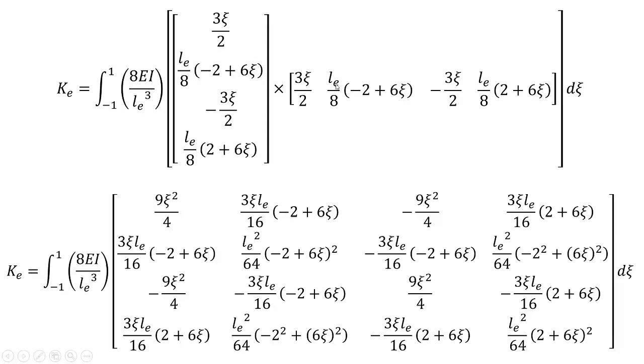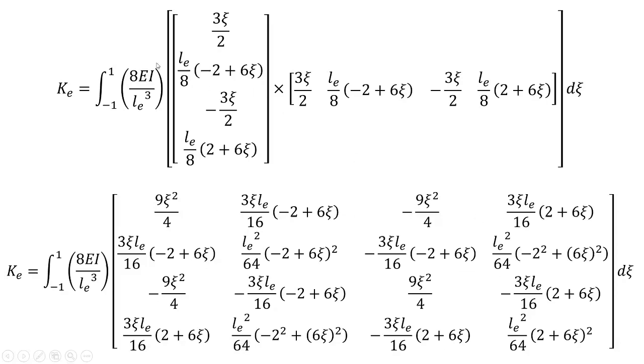So 3 L zeta, 8 into 2 is 16, so it is 3 zeta L divided by 16 into minus (2 plus 6 zeta) as it is. Then first row third column: 3 into 3 is 9, zeta into zeta is zeta square, and 2 into 2 is 4. The negative sign is there, so the negative sign stays as it is. Please remember, while doing the multiplication, don't forget to consider the signs they are associated with. Then the last term is once again 3 L zeta into (2 plus 6 zeta) divided by 2 into 8, which is 16. So these are my first row values.